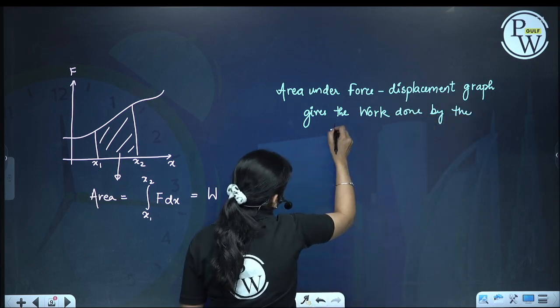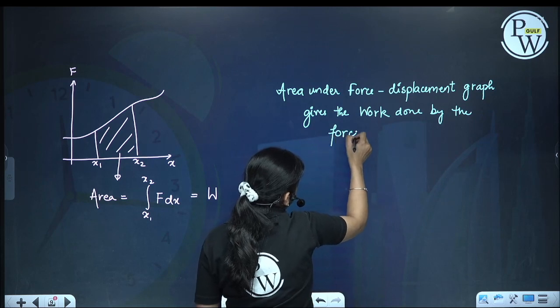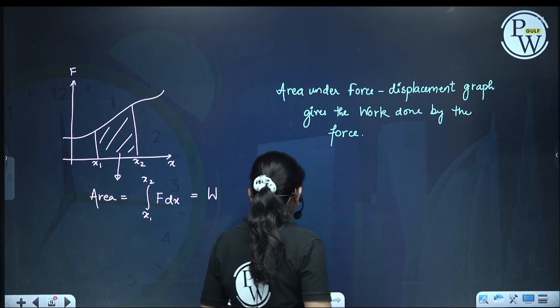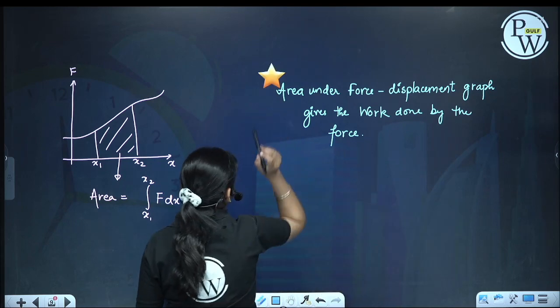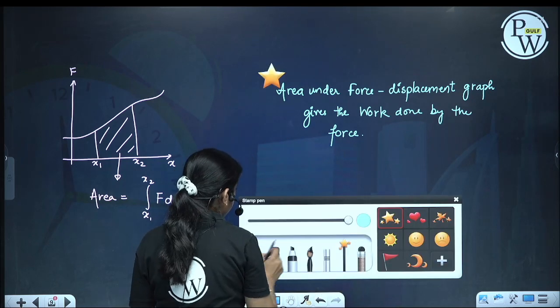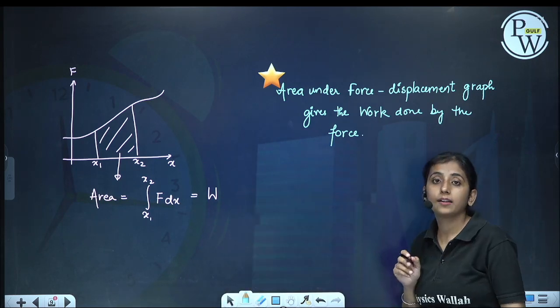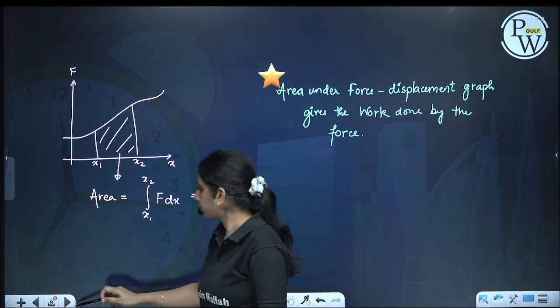Area under force displacement graph gives the work done by the force. So this is an important statement: area under force displacement curve will give us the work done by the force.